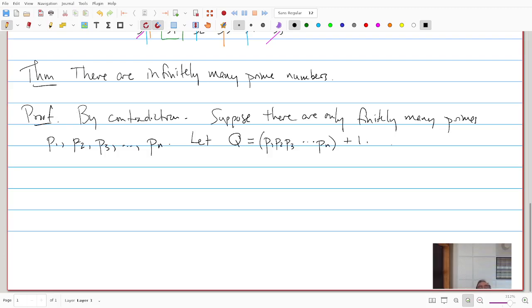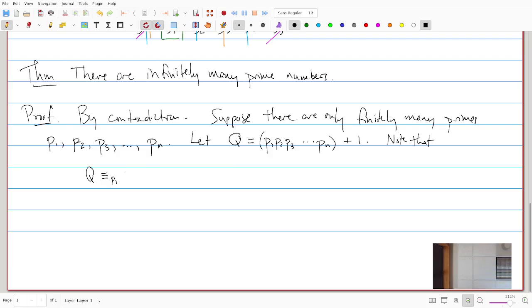So notice that Q is equivalent mod P1. What is Q equivalent to mod P1? Well, this number here is P1 times something, right?